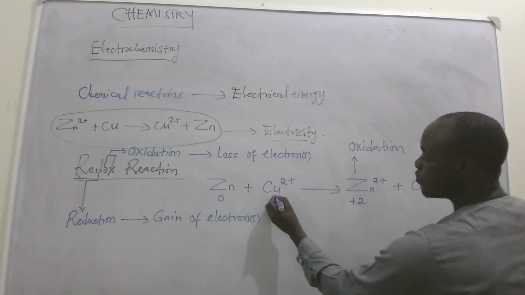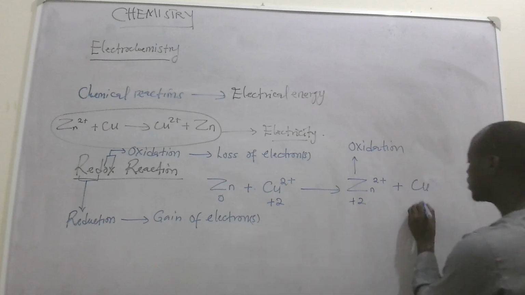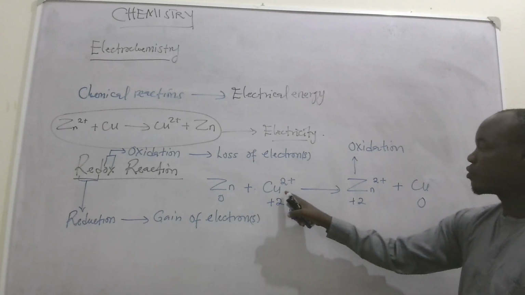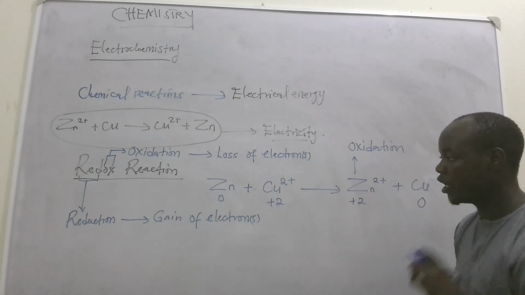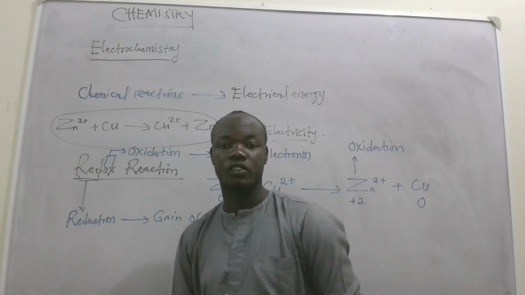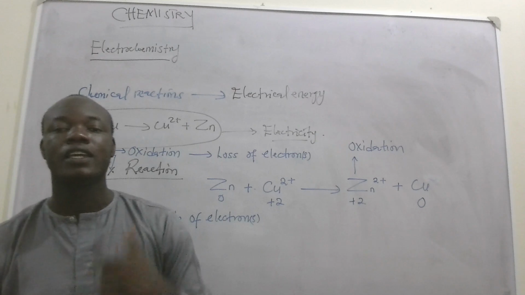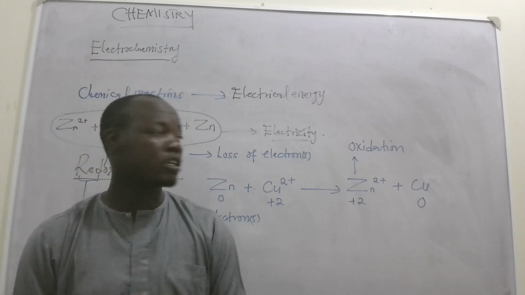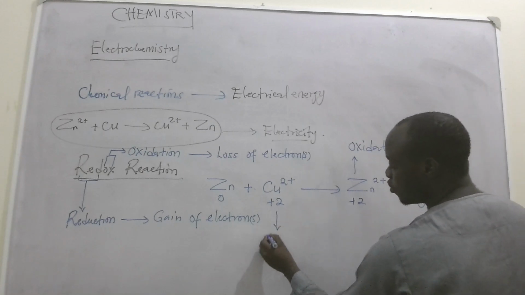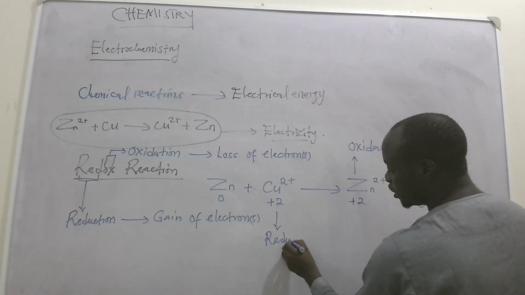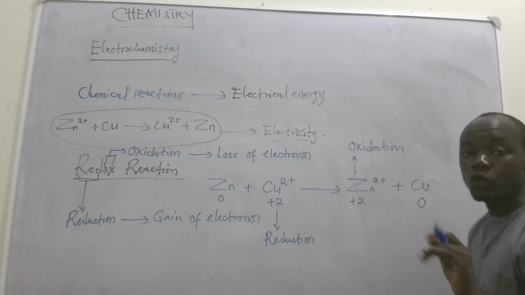And of course copper from here to here, because the oxidation number here is +2 and here is 0, gains 2 electrons. Because it gains 2 electrons, it means that it accepts electrons. As a result, copper 2 plus undergoes reduction, because it gains 2 electrons to become neutral.